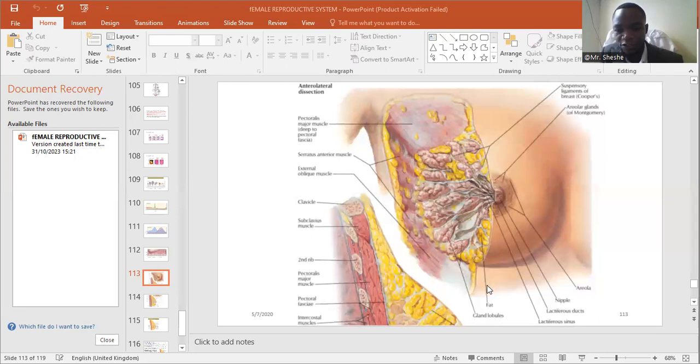Thereafter, another breast tissue is seen to develop just below the rib cage, what we call the subcostal line. That one also degenerates until the breast tissue develops around the fifth intercostal space. That will be the final breast that will develop into the breast of the male and the female.